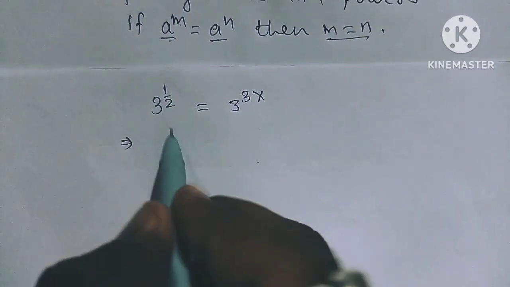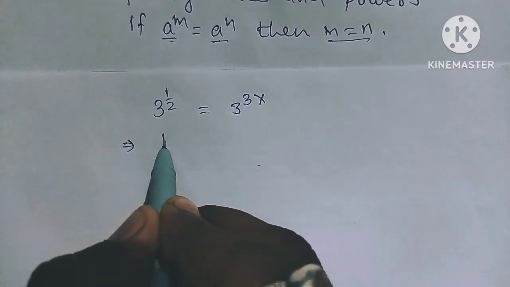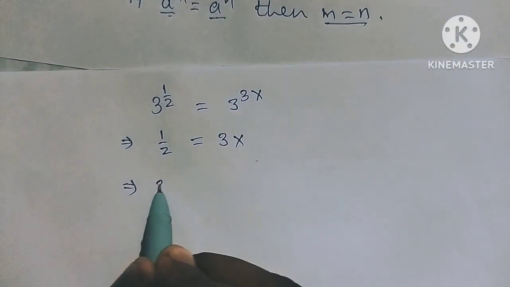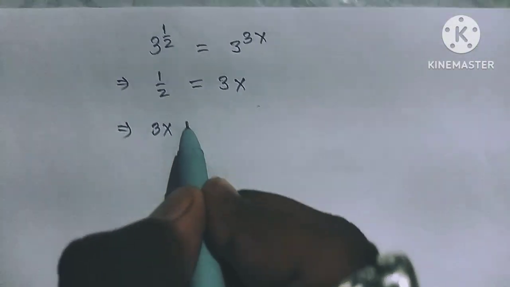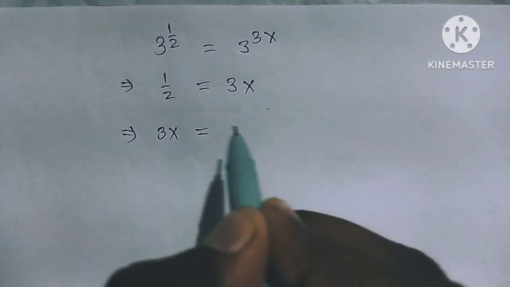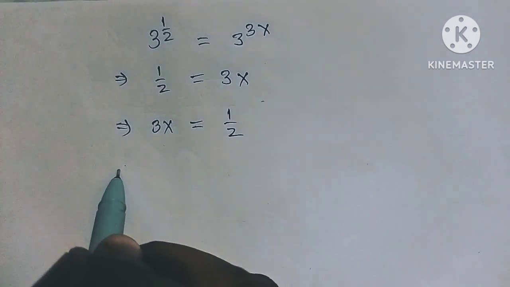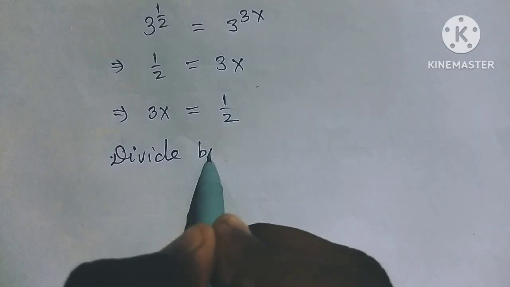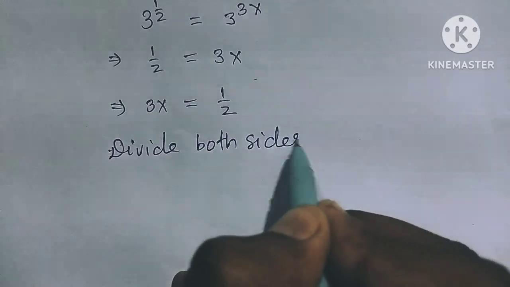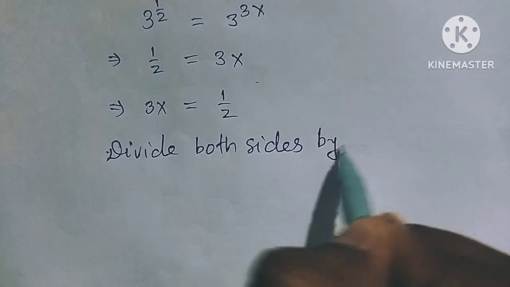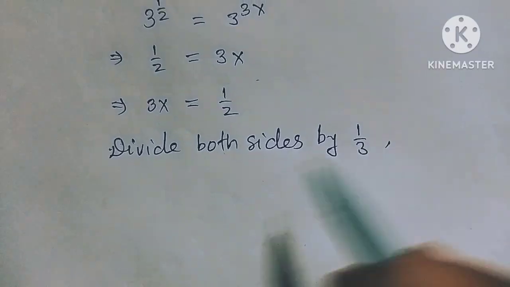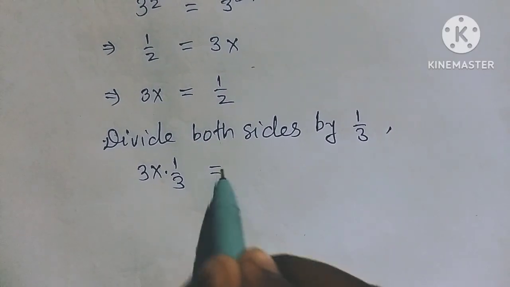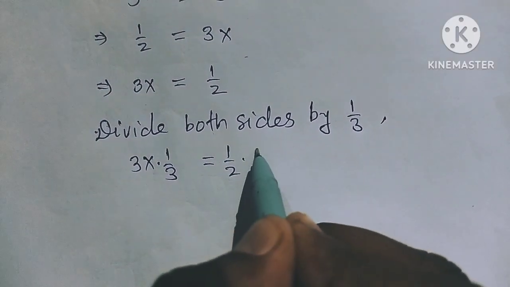So we can write here 1 by 2 equal to 3x. This implies that 3x equal to 1 by 2. Now divide both sides by 3, that is multiply by 1 by 3. 3x into 1 by 3 equal to 1 by 2 into 1 by 3.